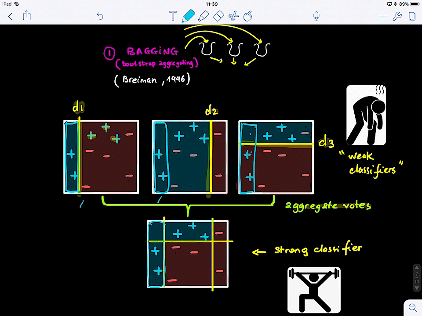Okay, so now we're partitioning this space, and you can see very nicely, by combining these boundaries and these colored regions, this nice partition of the data. Now we have built a strong classifier and we have correctly classified all points.